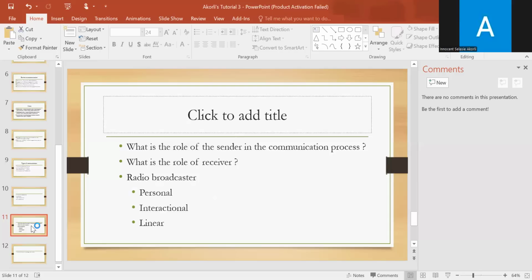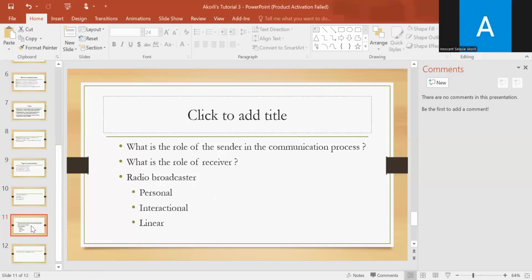What is the role of the sender in the communication process? Then you can see the answers. He receives and he decodes messages. He creates channels for the communication. He initiates conversation. These are not difficult.